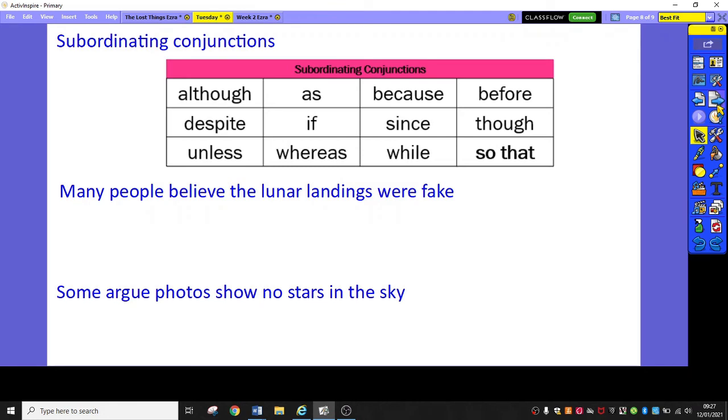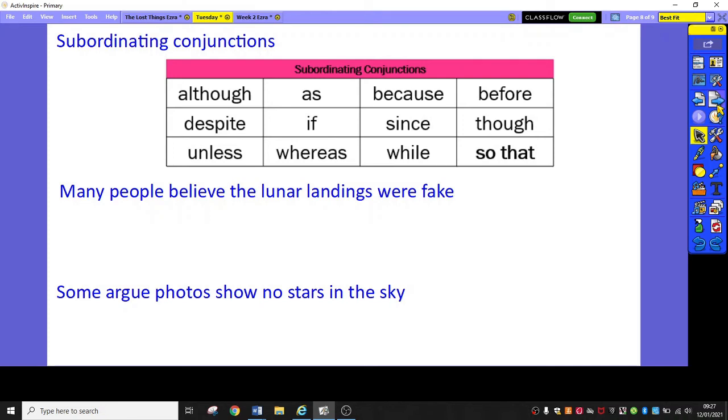So in order to write our complex sentences, we need to have subordinating conjunctions. So we remember our coordinating conjunctions with fanboys, but we now have a new set of conjunctions called subordinating conjunctions, and there are some examples on the slide in front of you. So how do we use them?